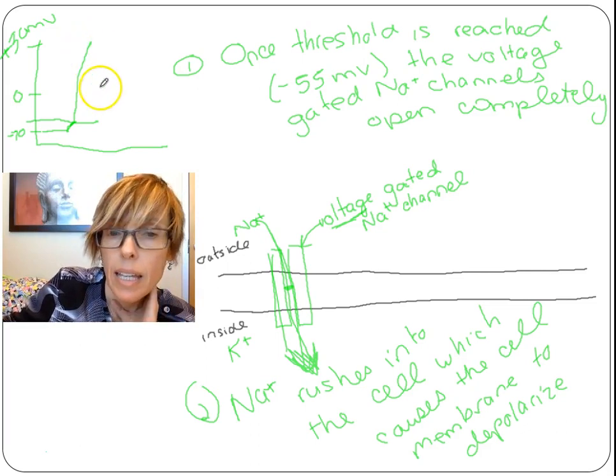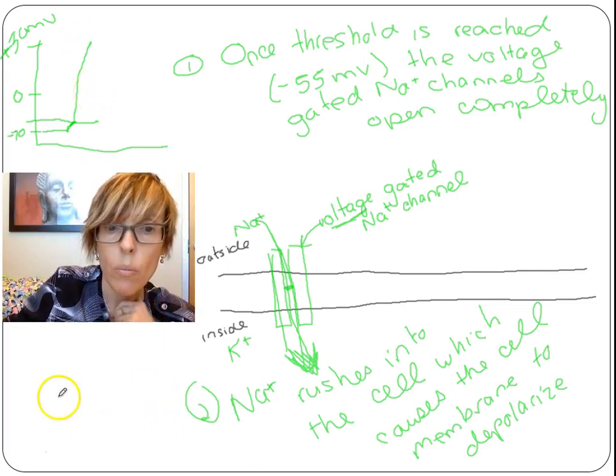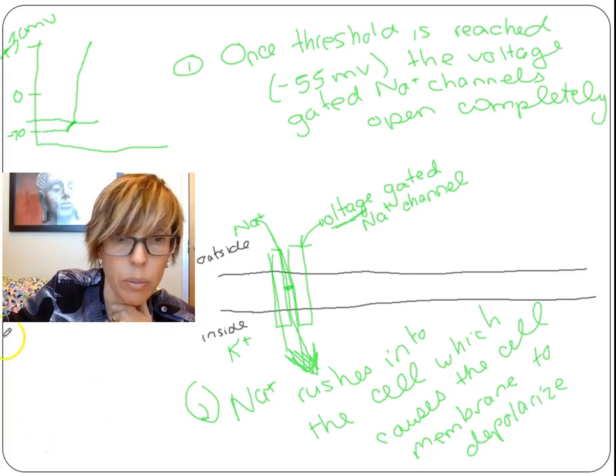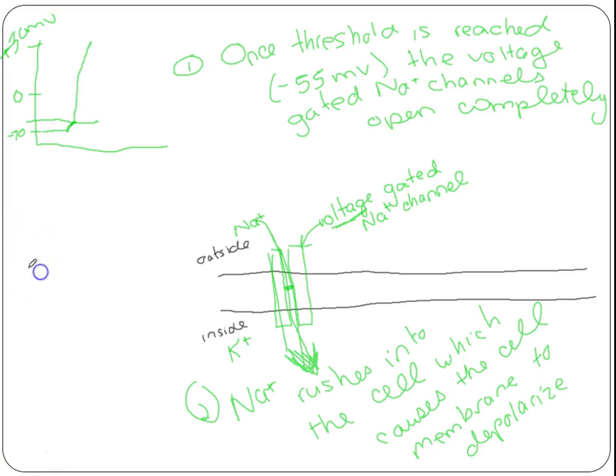Again, because these are voltage-gated ion channels. So I'm sorry, I'm writing all over the place. I'm going to hide me if I can. So the third thing that's going to happen: sodium comes rushing into the cell, it causes the cell to depolarize.